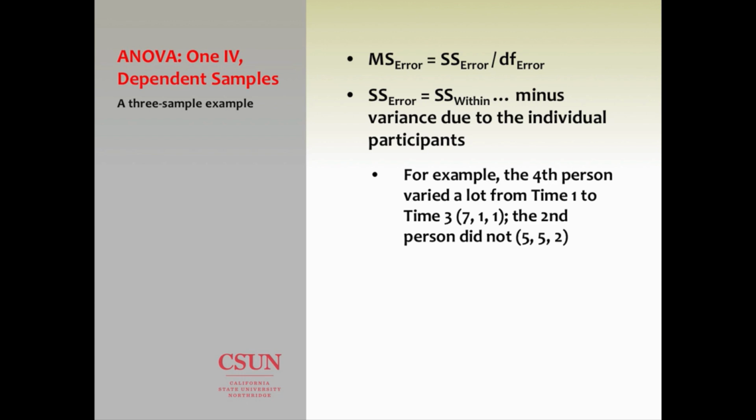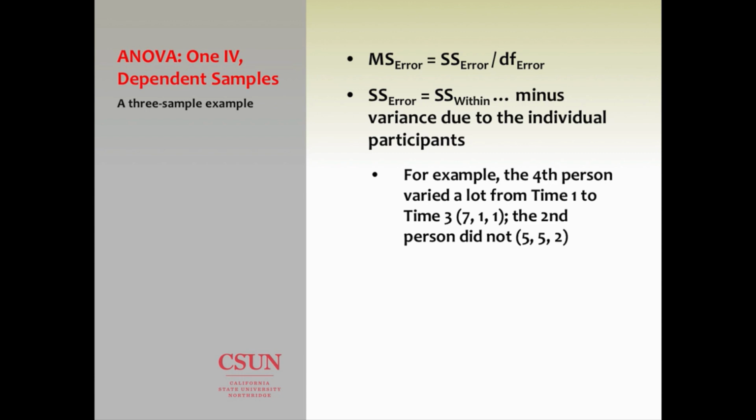If we account for this, that's not particularly useful by itself, in that we're just determining that person number 4 varied more than person number 2. That's not really what we're after, but it's important to account for it, because then we take our within groups variance, we subtract this person variance, and what is left over is the error, what's called the error variance.